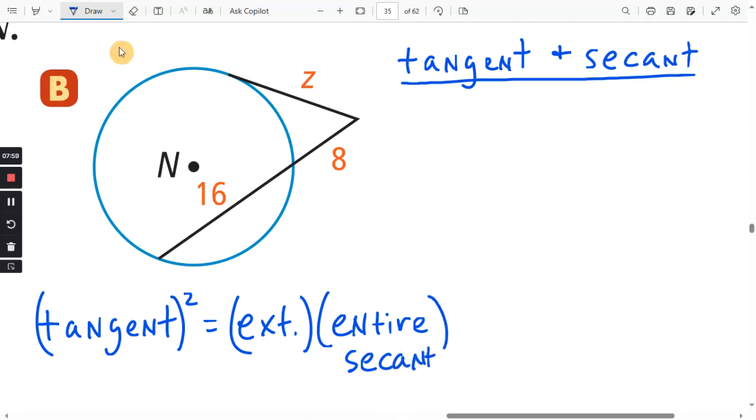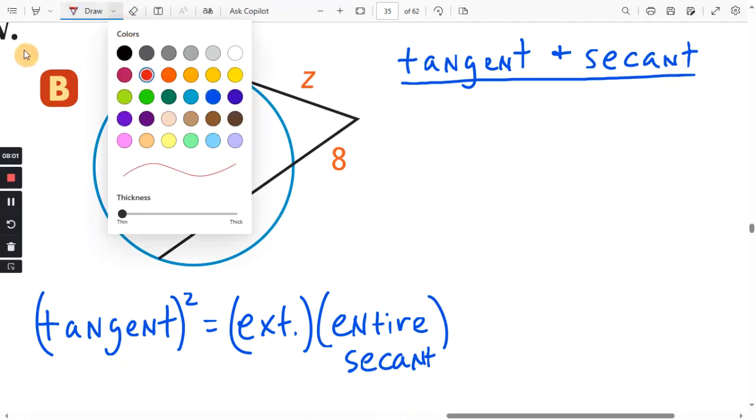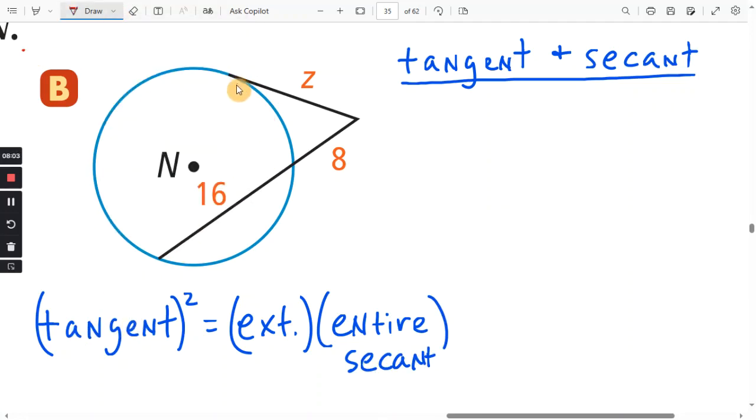All right, so let's see. For the tangent squared, the tangent length is z. So we're going to start with z times z, or z squared. That's going to equal, on the secant, the external segment, which is 8, times the entire secant, which is going to be 8 plus 16.